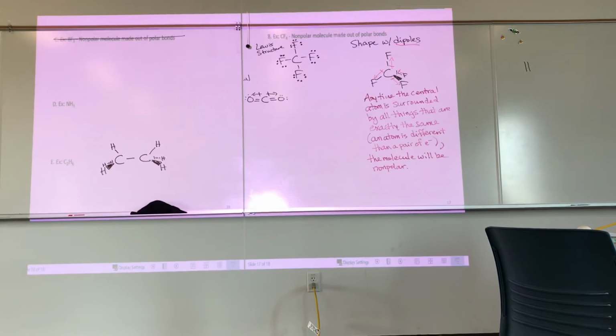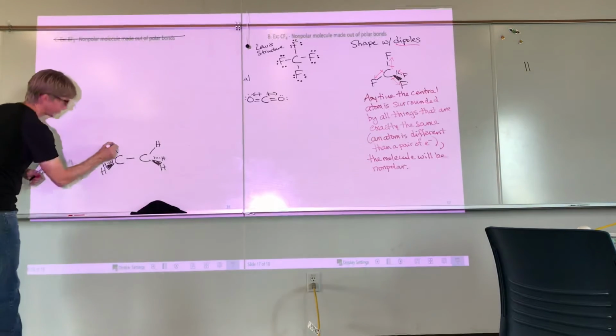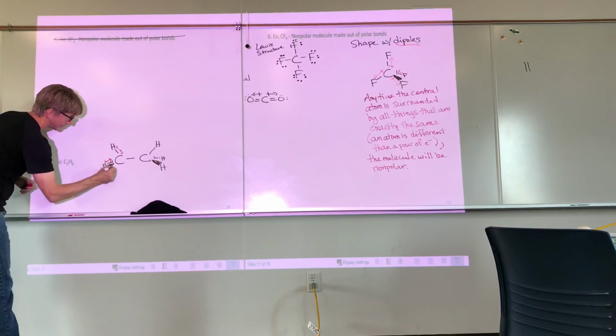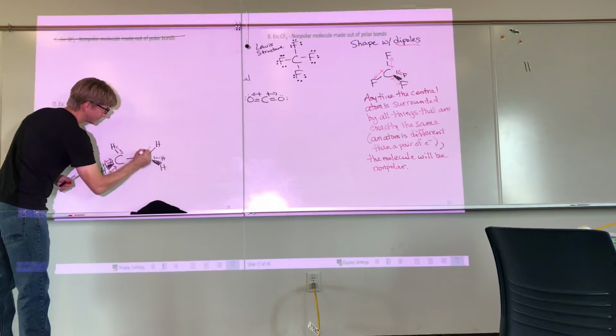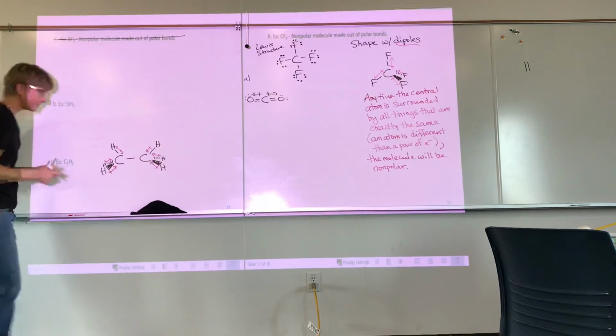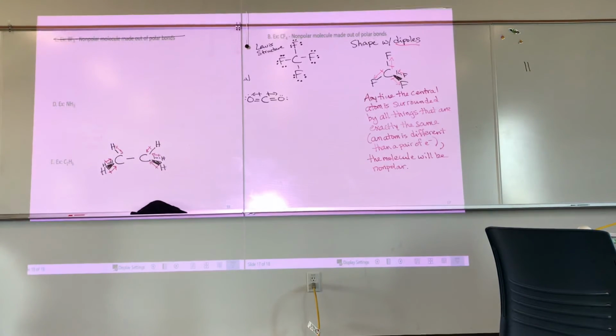Carbon is more electronegative, so the arrow has to face towards the carbon. And there are 6 arrows. Technically, they should all be the same size. I've tried to do that, maybe with limited success, because they have the same difference in electronegativity.